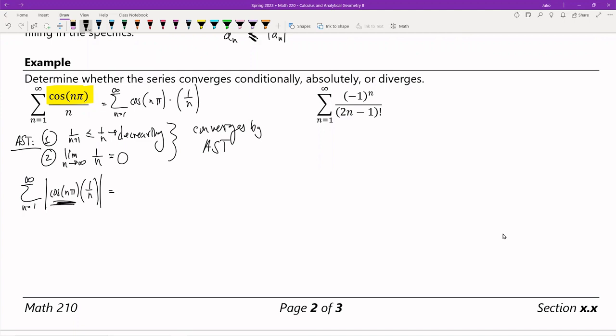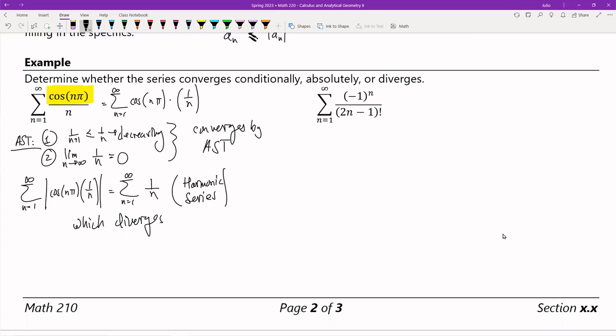This thing now makes no difference, so I can get rid of it. The sum from n equals 1 to infinity of 1 over n is our harmonic series, and this is the thing that we showed long ago diverges.